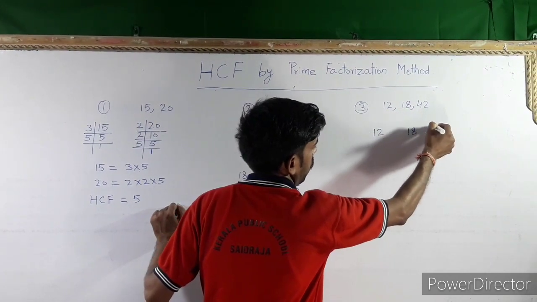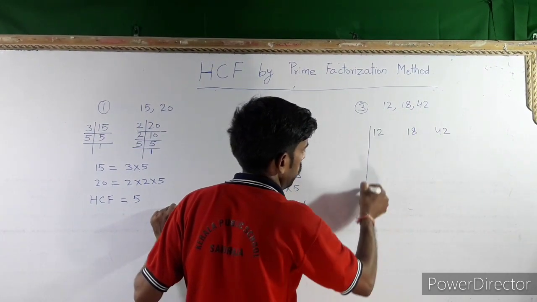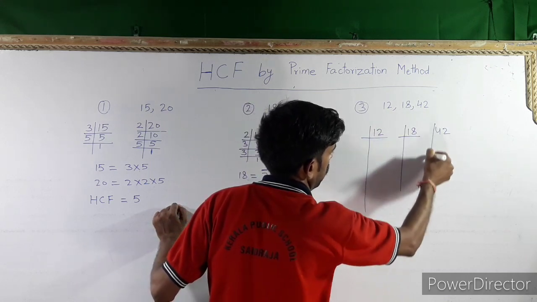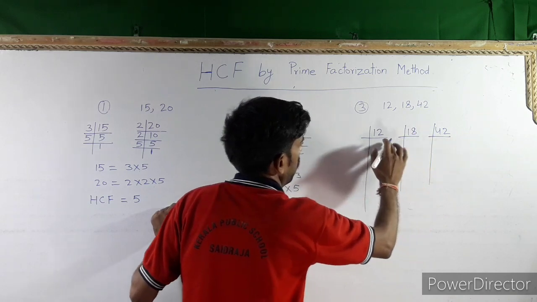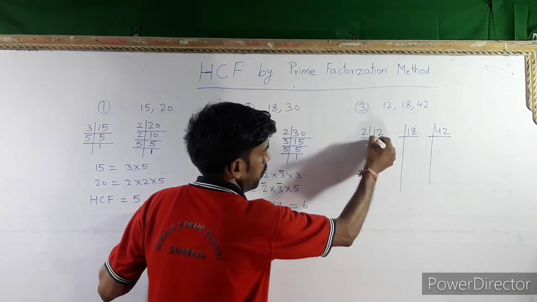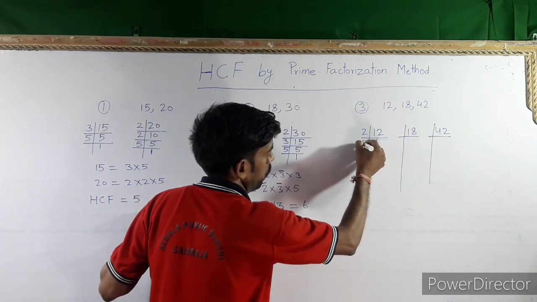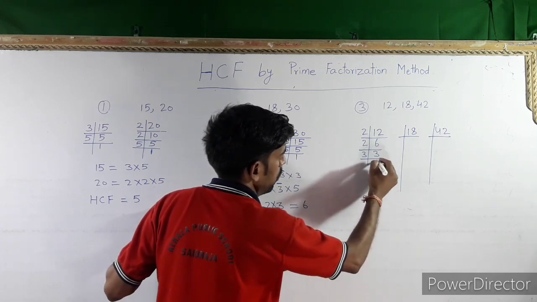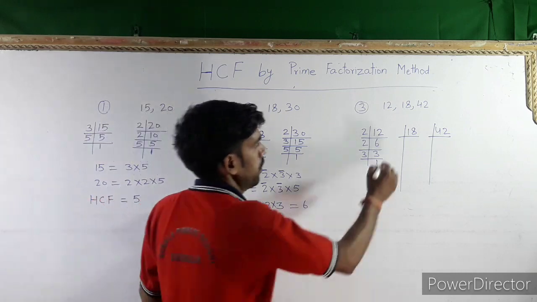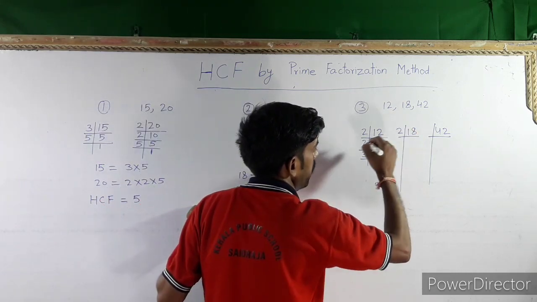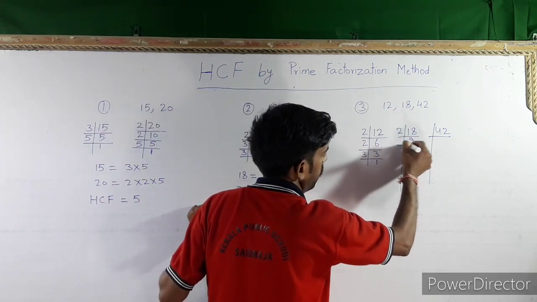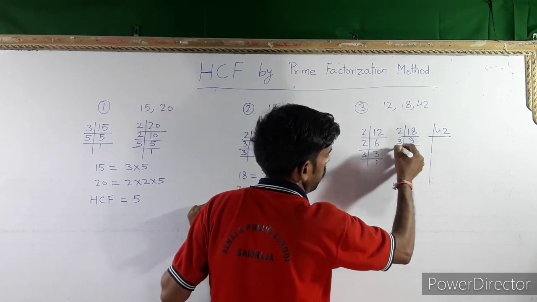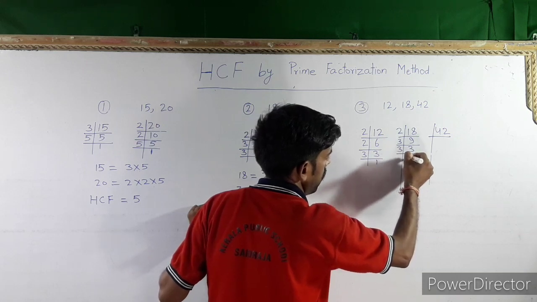Now third example, 12, 18 and 42. 2 6s are 12, 2 3s are 6, and 3 1s are 3. Now 18 is also divisible by 2, 2 9s are 18, 9 is divisible by 3, 3 3s are 9, and 3 1s are 3.